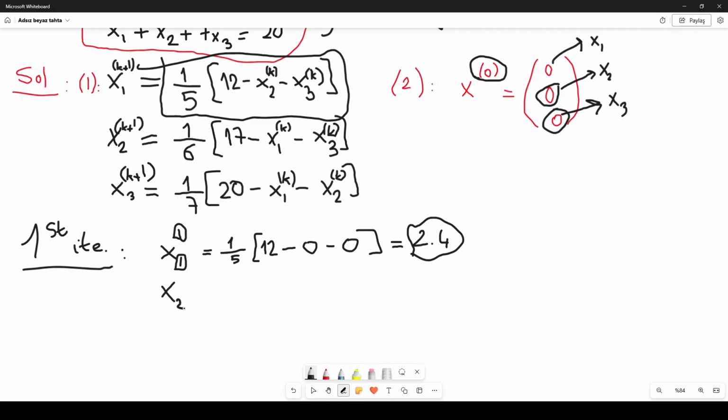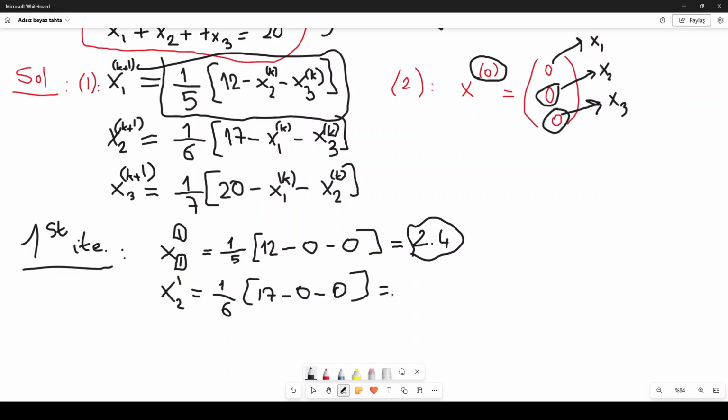For the second unknown variable x2, in the first iteration, we need to find its value, and it is 1 over 6 times 17 minus the initial guess of x1 and the initial guess of x3, and these are all zeros, because we take our initial guess as all zeros.